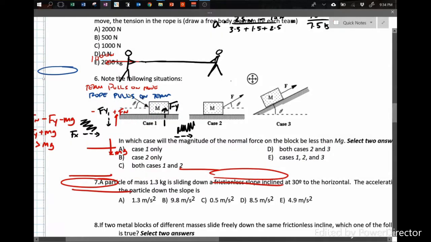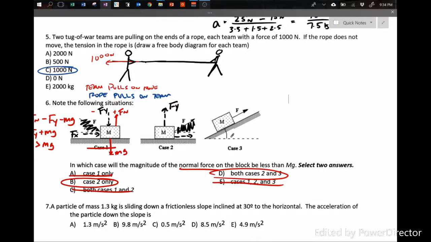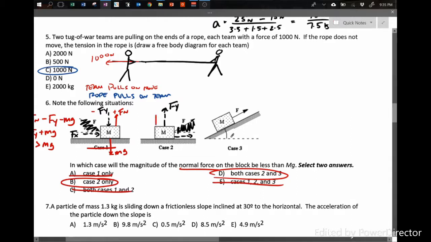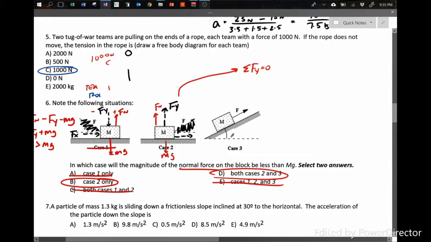Case 2, what we want to do is finish out that free body diagram. We have the normal force that's up and the weight that's down. And for case 2, again, net force in the y direction is going to be 0. So I've got the normal force plus the force in the y direction minus the weight.